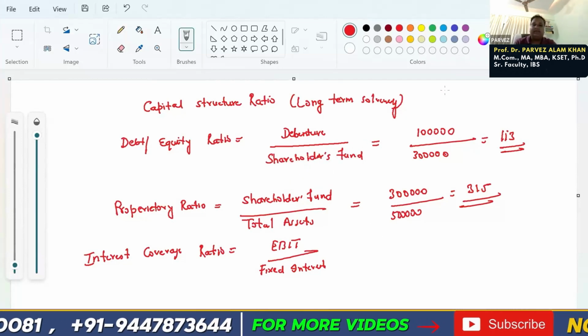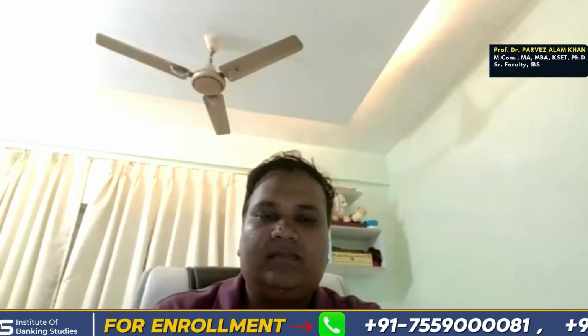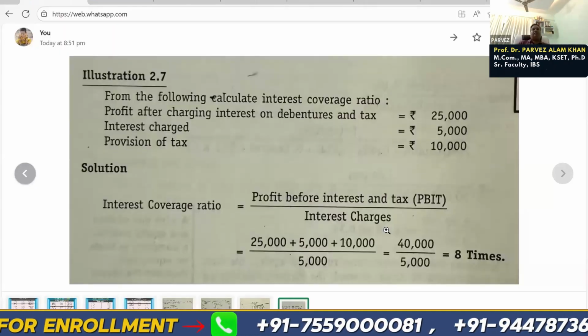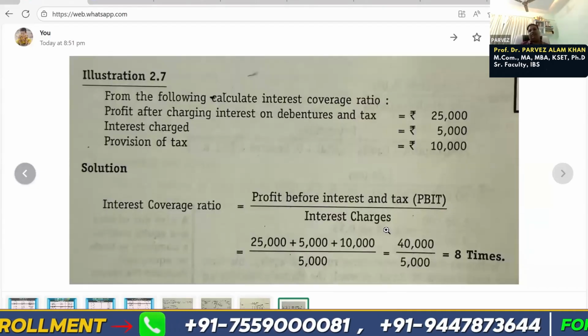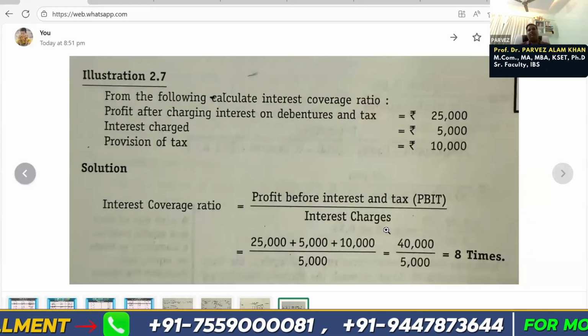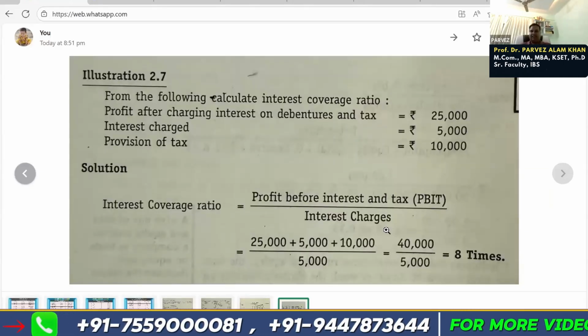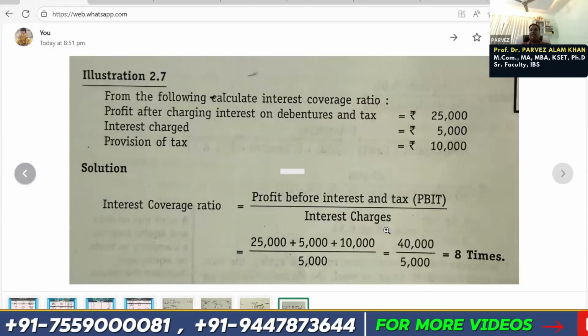You can see here. From the following, calculate interest coverage ratio. So they have given profit after charging interest on debenture and tax. They have mentioned after charging, right?